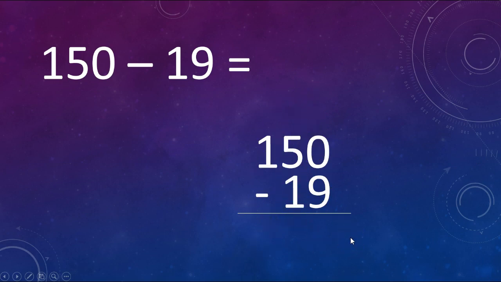Did we need to take any tens from the 5 to give to the 0? Yes, we do. So let's give that 10 to the 0 to make it 10. And the 5 is going to turn into a 4. What is 10 minus 9? 1. And what is 4 minus 1? 3. And we bring down the 1. And our answer is what? 131.